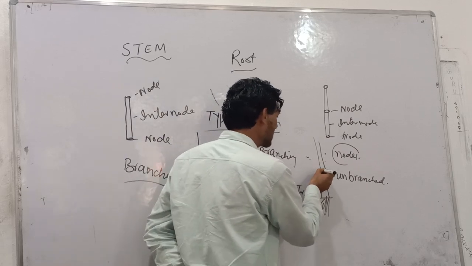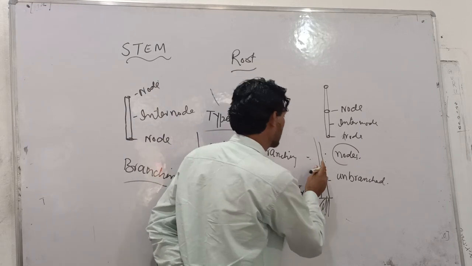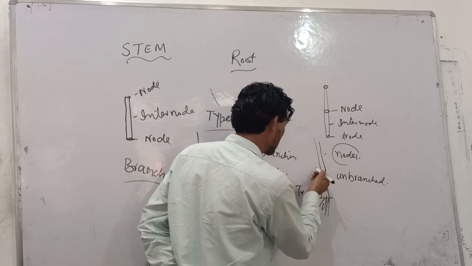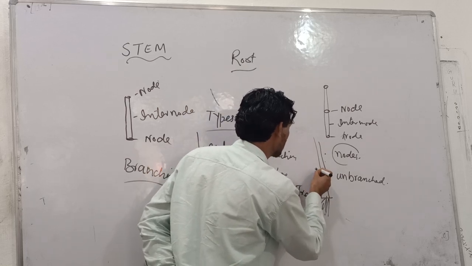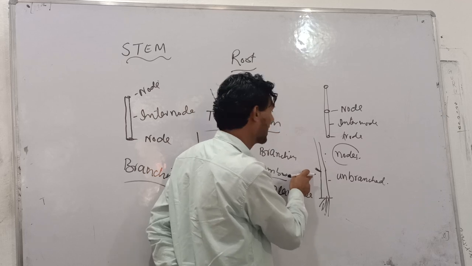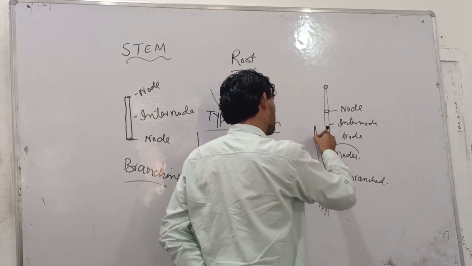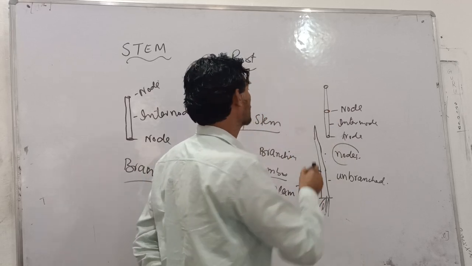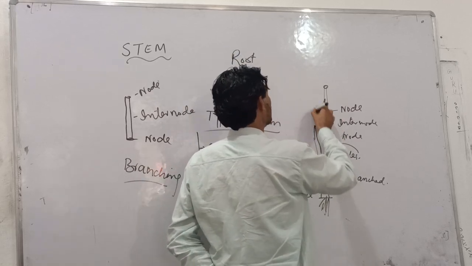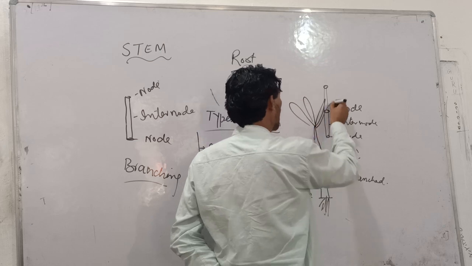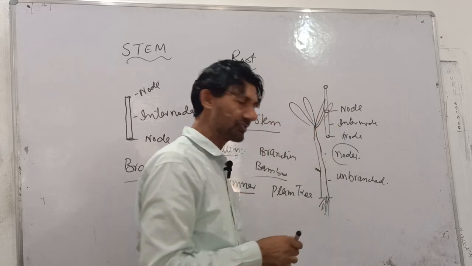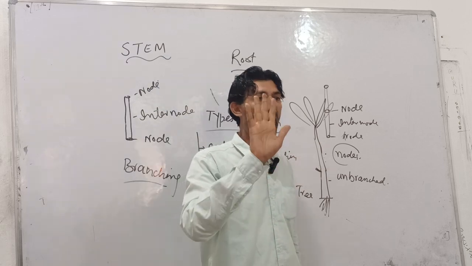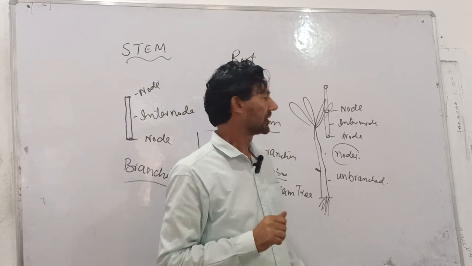Bulky leaf scars, scale-like structures, are present. On the terminal portion, the apex of the tree, the leaves arise, so it gives a palm-like appearance.